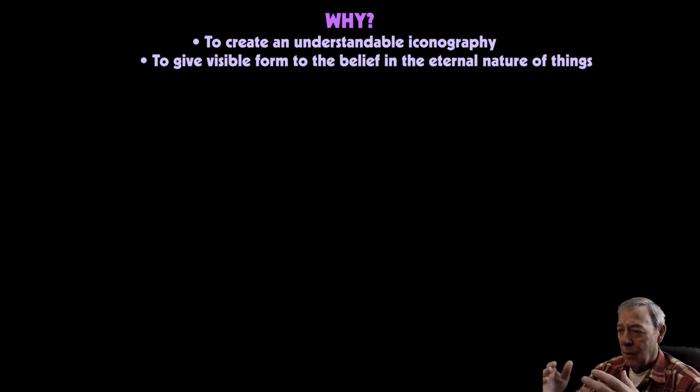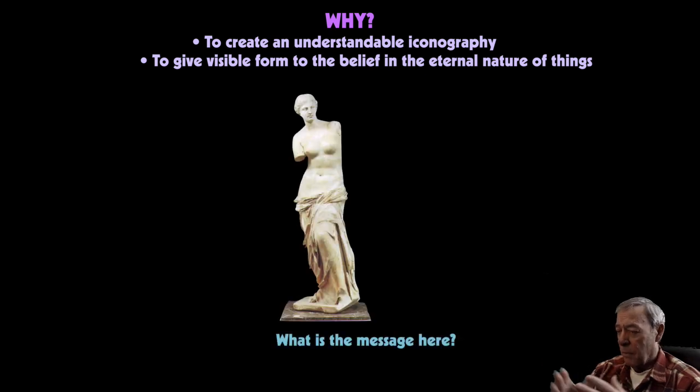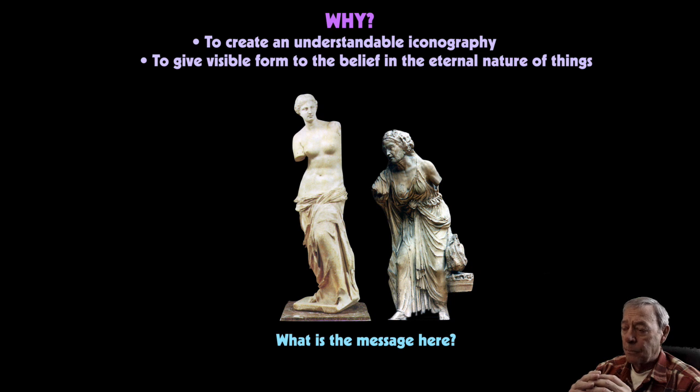Now, here's just another couple of examples of how artists use their artwork in order to communicate a message. So the question is what's the message here? With the Venus de Milo, most of you are familiar with this famous Greek sculpture. What's the artist trying to communicate to us with this piece, as opposed to what is he trying to communicate with this other piece? Okay.